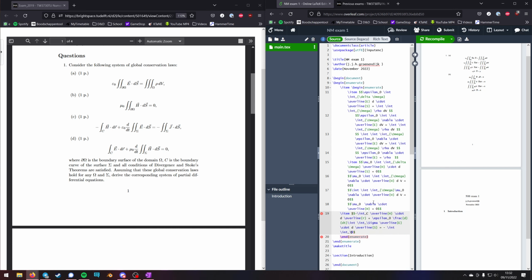I have no idea what sigma even is. Oh, the boundary curve of the surface. Okay, well, those sure are words.